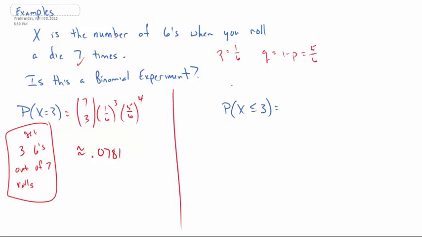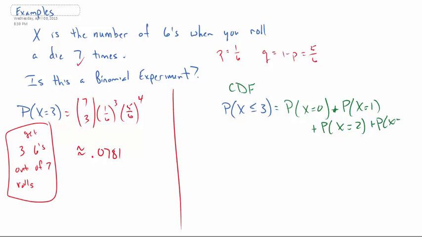Second example with this, what's the probability that X is less than or equal to 3? Well, this is a cumulative density function, and what it means is what's the probability that X equals 0 plus the probability that X equals 1 plus the probability that X equals 2 plus the probability that X equals 3. And we could calculate all these by hand and add them up if we want, but we have our calculator.